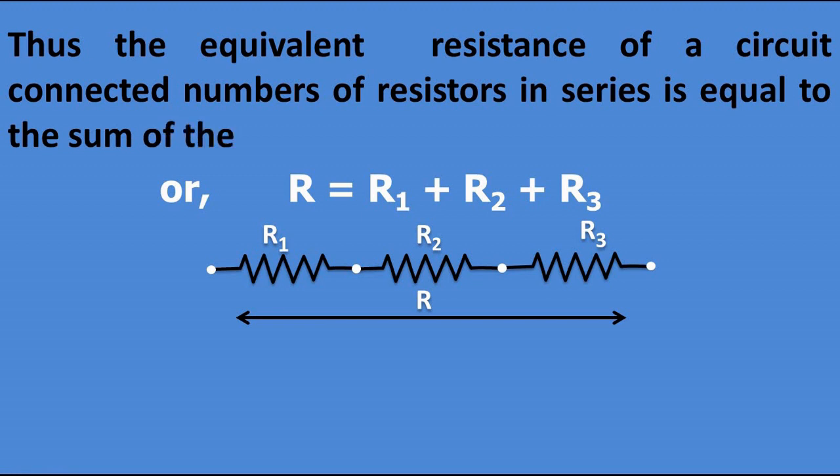Thus, the equivalent resistance of a circuit with a number of resistors connected in series is equal to the sum of the individual resistors, or R equal to R1 plus R2 plus R3, where R is the equivalent or effective resistance of the combination and R1, R2 and R3 are the individual resistors connected in the combination.